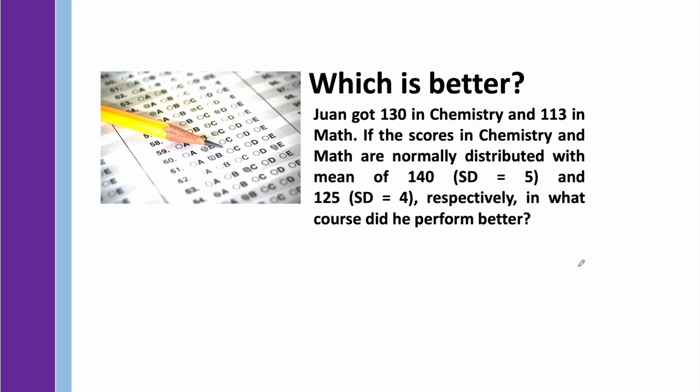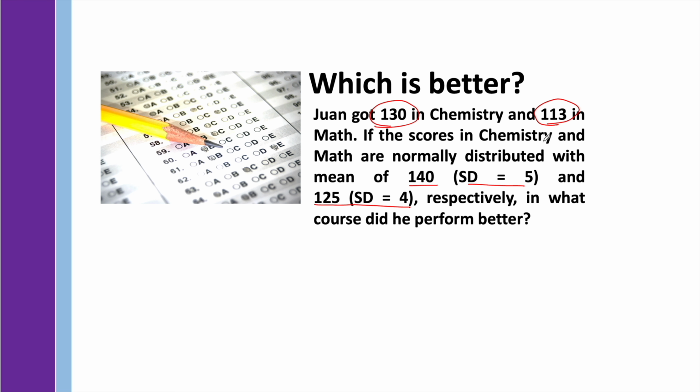Similarly, if one got 130 in chemistry and 113 in math, and if the scores in chemistry and math are normally distributed with mean of 140 and standard deviation of 5, and mean of 125 and standard deviation of 4 respectively, in what course did Juan do better? Likewise, we just have to get the standardized score, or z-score, of 130 given this mean and standard deviation, as well as the z-score of 113 given this mean and standard deviation.